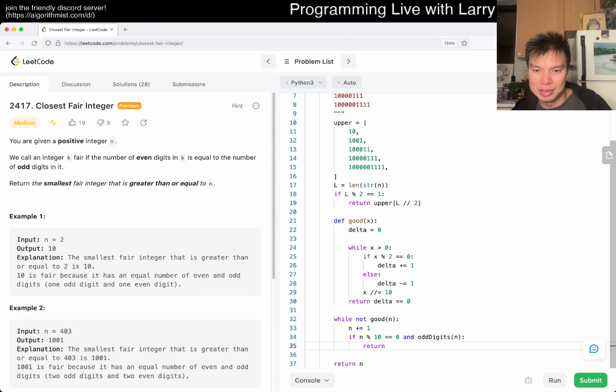And then we return upper of something like that, right?